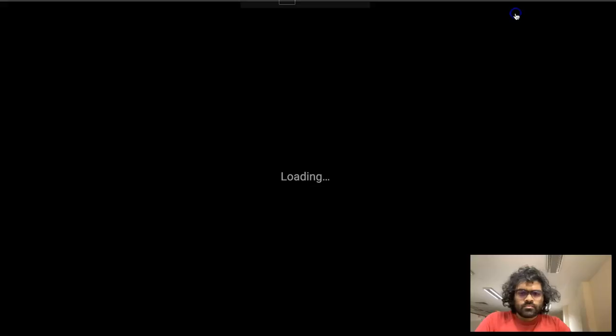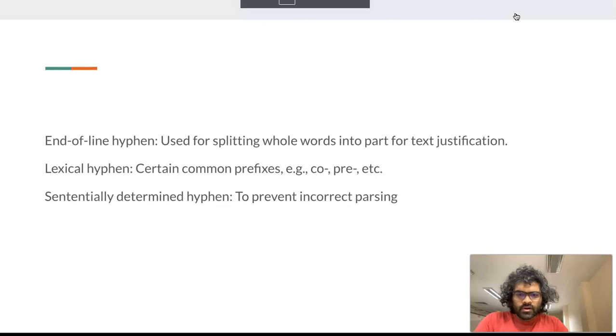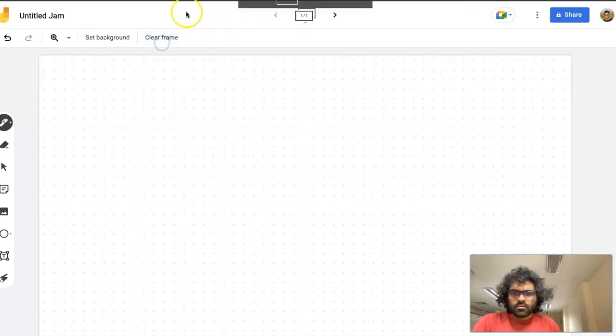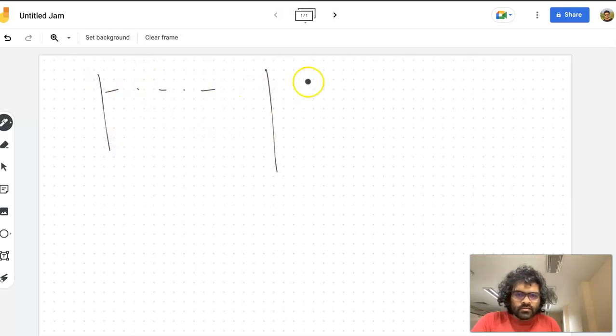Let's see what the different kinds of hyphens are. The end-of-line hyphen is used for text justification. Suppose we are writing a sentence, and this is the margin, and the last word at the margin is maybe "content".